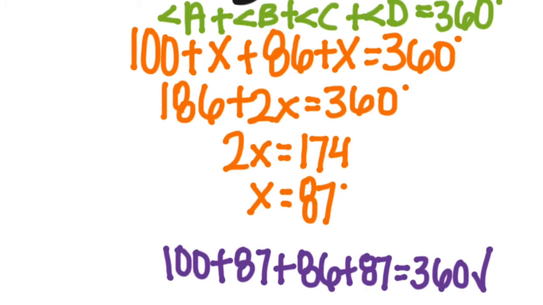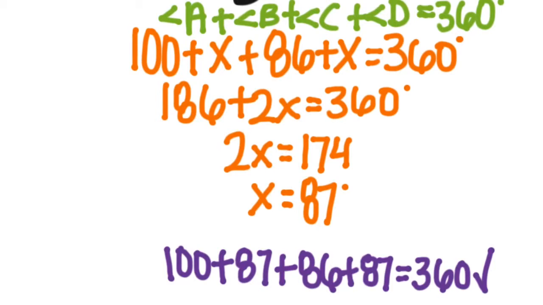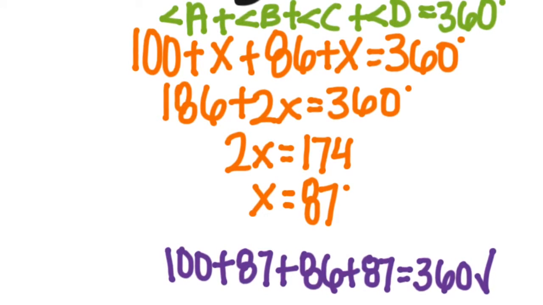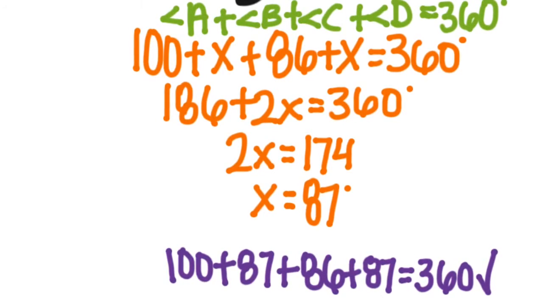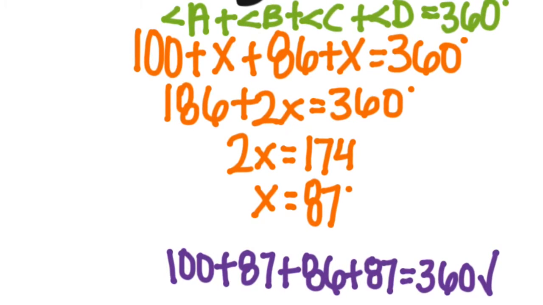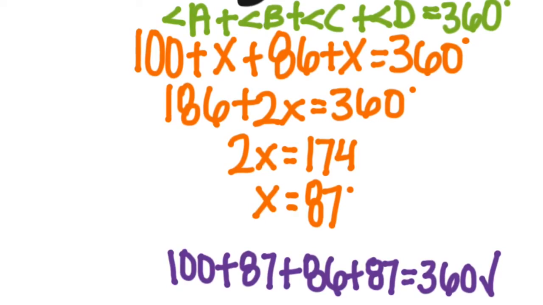Now a quadrilateral has 360 in total. So we take 360 minus 186, and that equals 174. And according to the theorem, we need to divide that by 2 because the 2 remaining angles are congruent, so they equal each other, and we get 87 degrees for angle B and D.